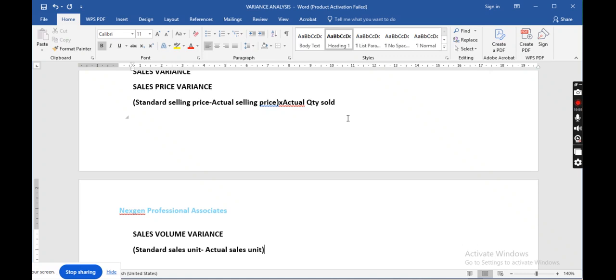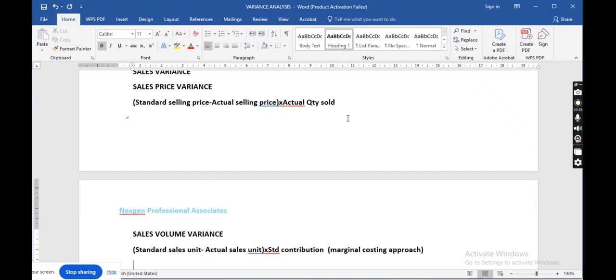Class, listen attentively. If the question says that the company operates on marginal costing, you multiply it by the standard contribution. Marginal costing approach: you multiply by the standard contribution.